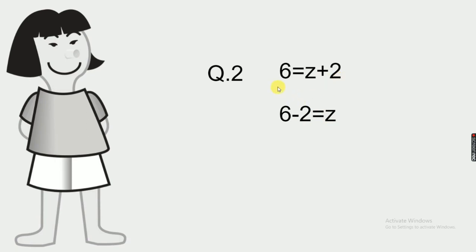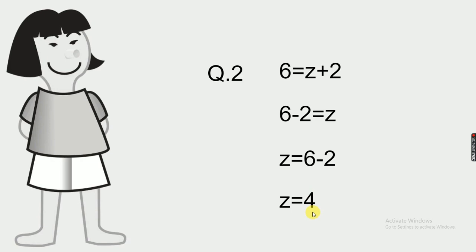We transposed this plus 2 to the other side, but when we transpose plus 2 to the other side, it would become minus 2. We can write it this way: z is equal to 6 minus 2.